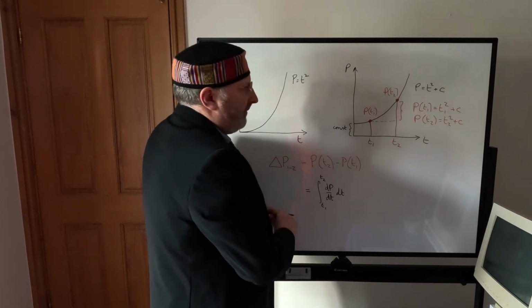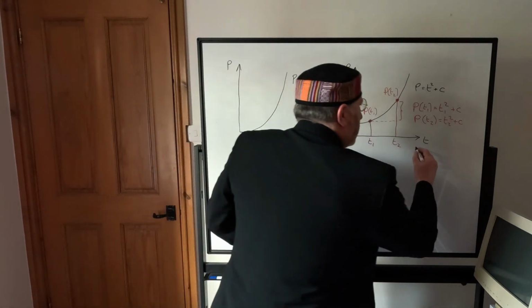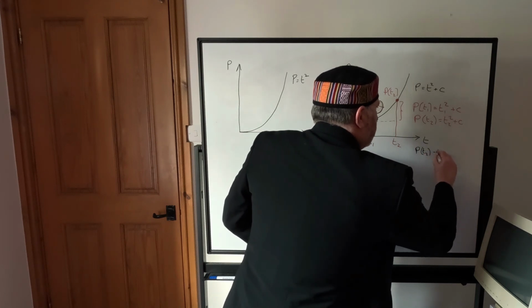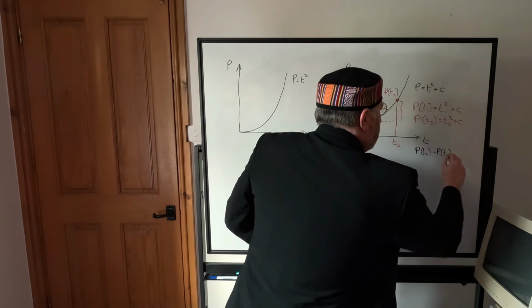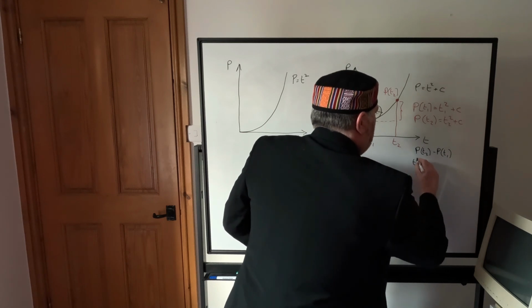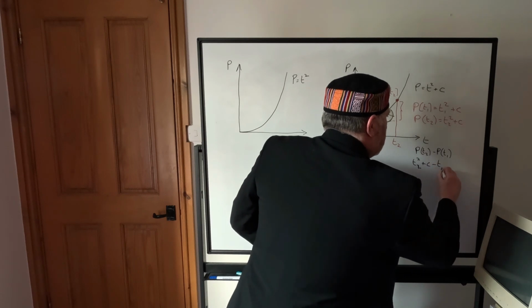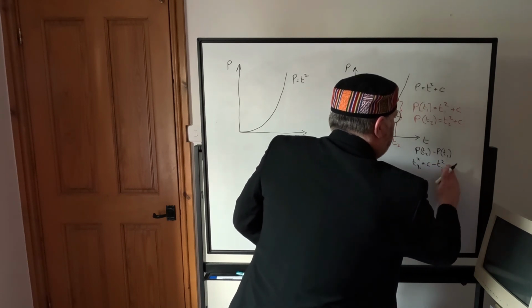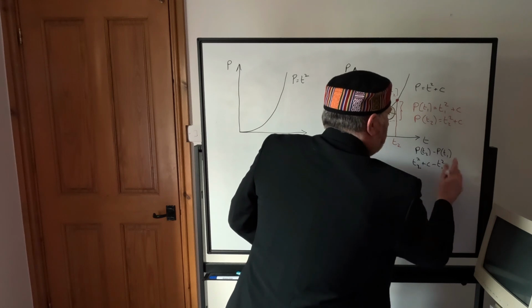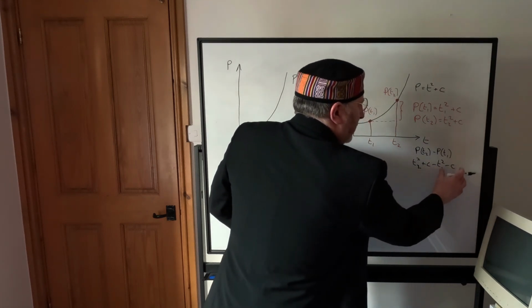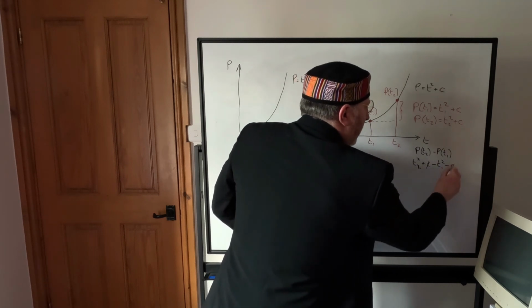And we can see that over here, because if we do P of t2 minus P of t1, it's t2 squared plus C minus t1 squared minus C, because we subtract t1 squared plus C, which gives us minus t1 squared minus C, so the C's cancel.